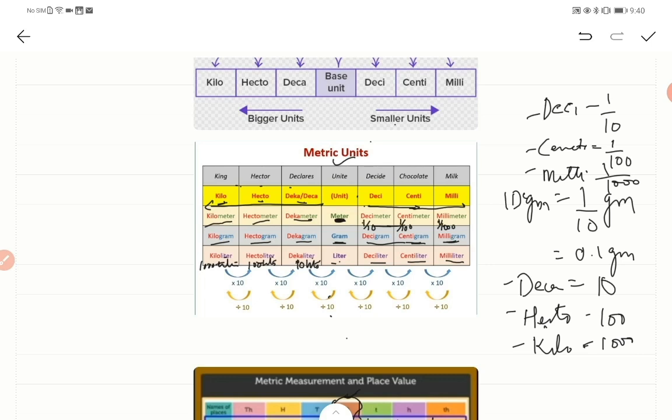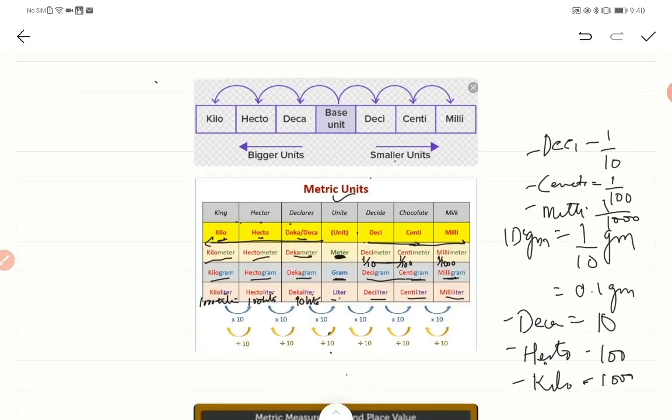You will understand how much the measurement is in any of these: meters is the measurement of distance, gram is the measurement of weight, and liters is the measurement of capacity, that is, you are measuring liquids mainly.